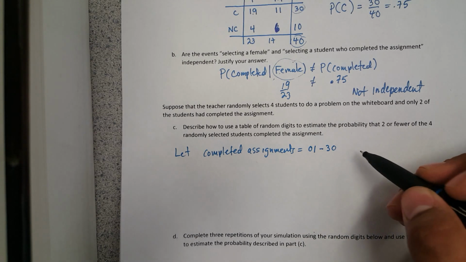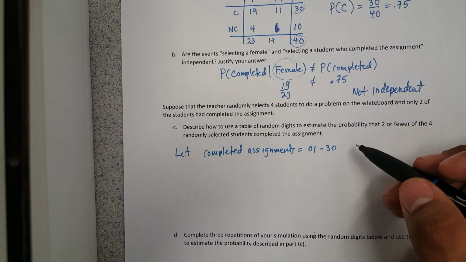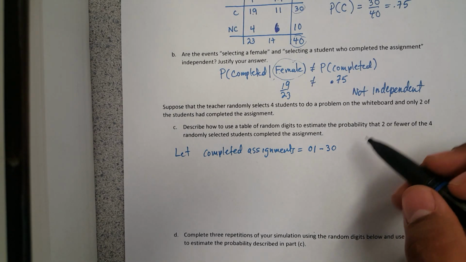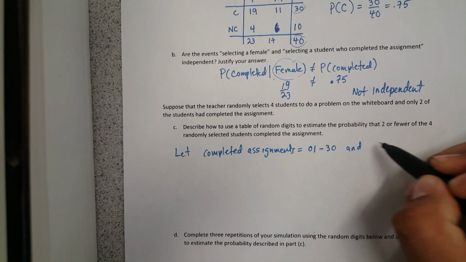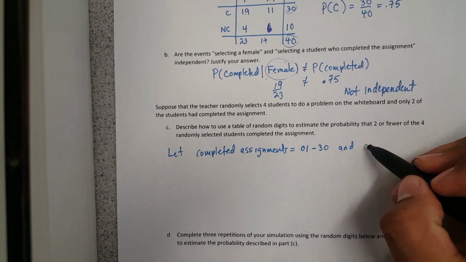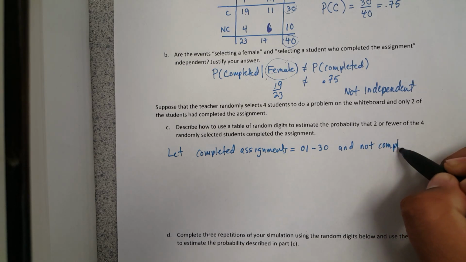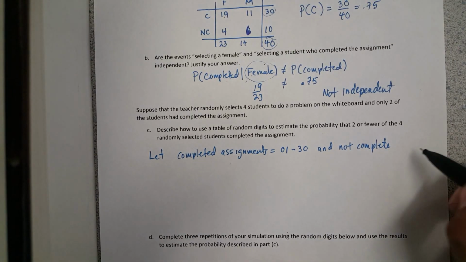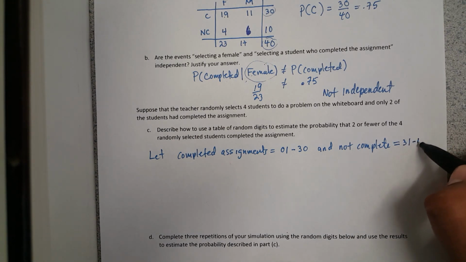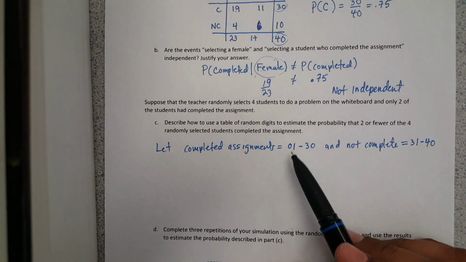So that's 30 digits between those two. And those that did not complete will be the same as 31 to 40. Now it's important that whenever it's a single digit, you have to attach the 0 in the front.